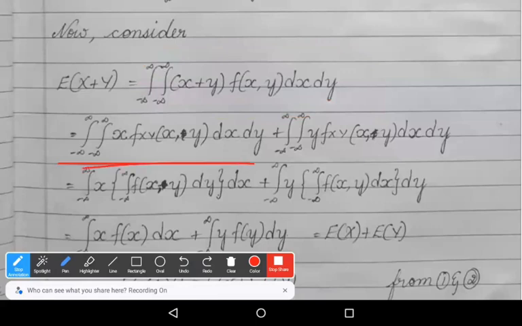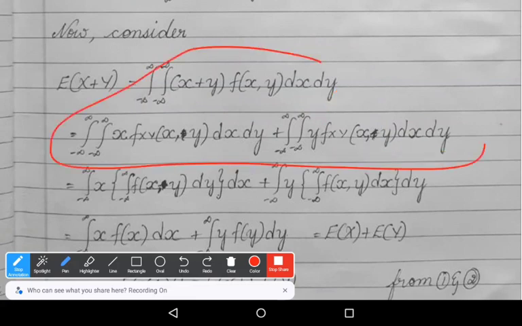Double integral from minus infinity to plus infinity x into f of xy dx dy plus y into f of xy dx dy. Please observe this step. We are splitting the integration according to the variables.